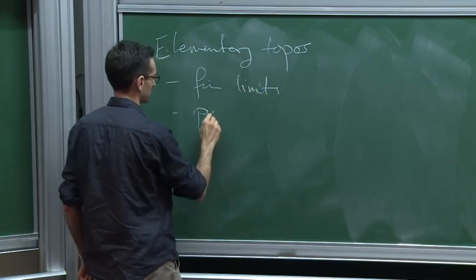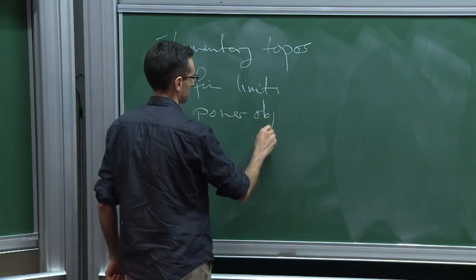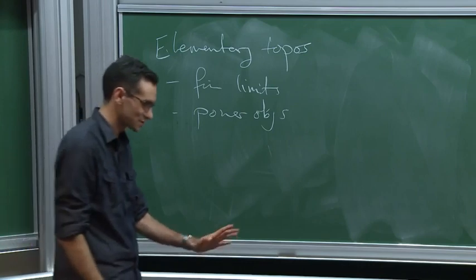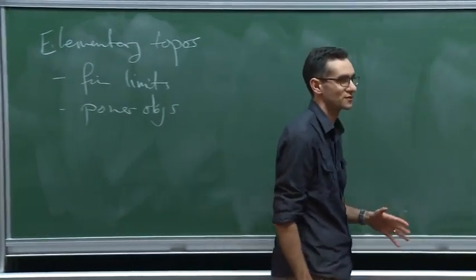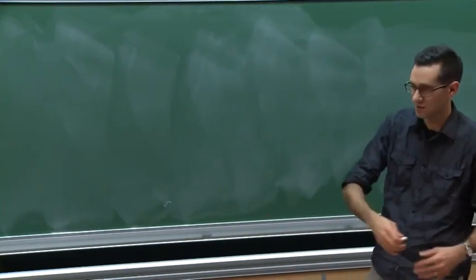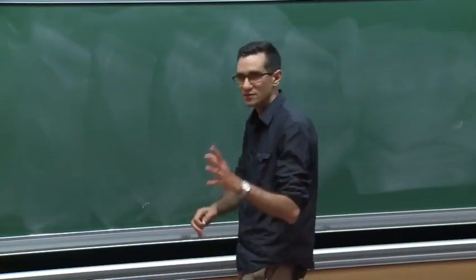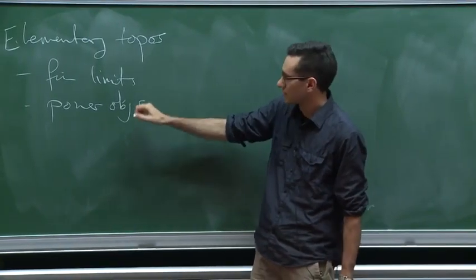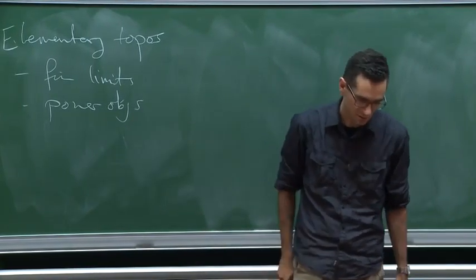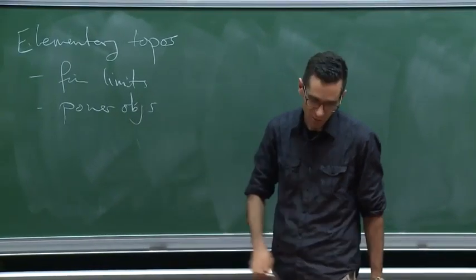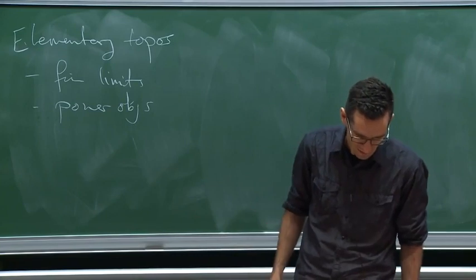Finite limits, power objects. And we know a topos has incredibly rich internal logic. You can do all sorts of things, colimits, limits, descent of certain things. Finite limits is pretty weak. Everything else comes from the power objects. In fact, you can relax this even further, but then you're starting to get silly.